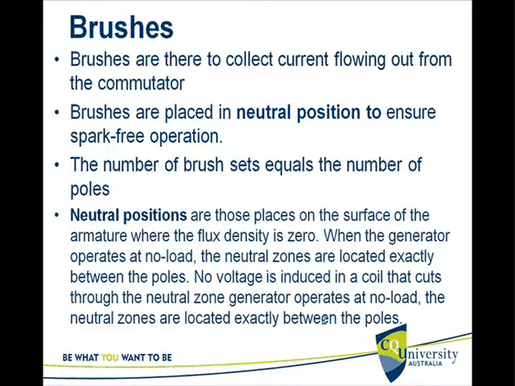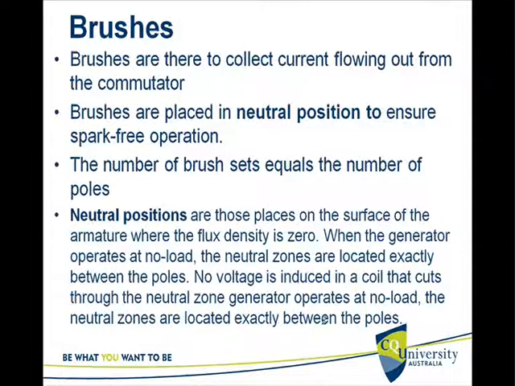Next important thing is the brush. Brushes are there to collect the current flowing out from the commutator. Brushes are placed in the neutral position. I showed you what the neutral position is in that very basic arrangement. Neutral position is to ensure spark-free operation. The number of brush sets equals the number of poles.